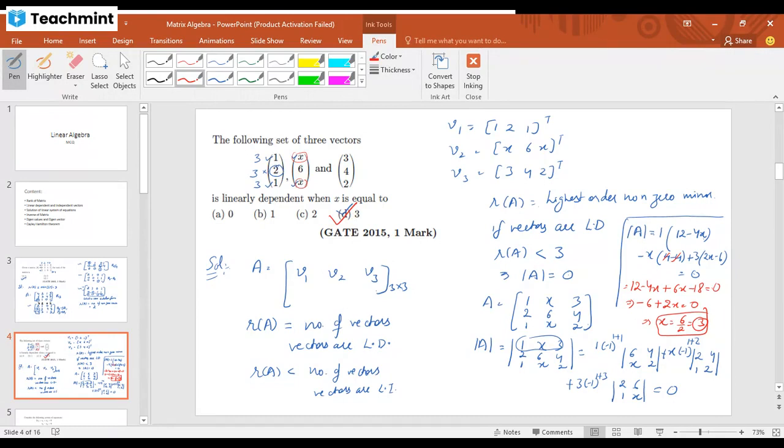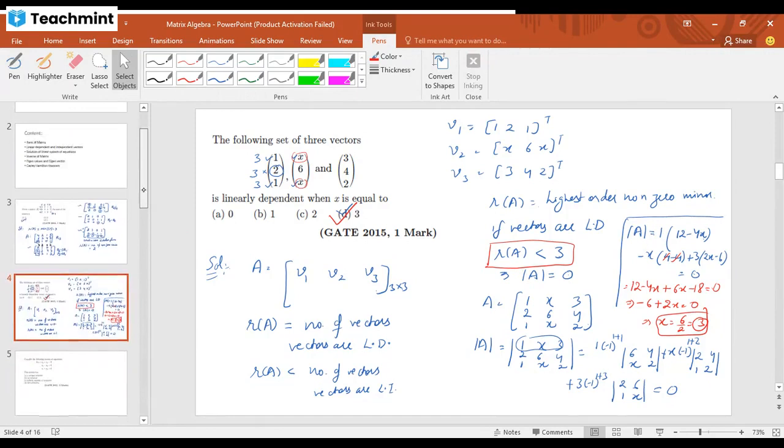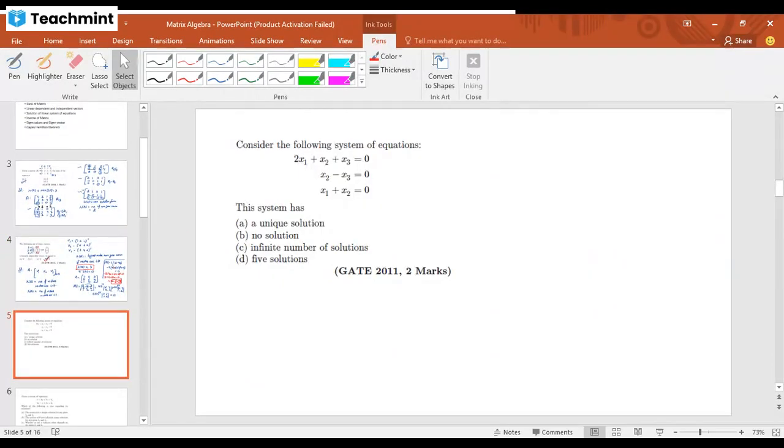Otherwise, you can find the rank of the matrix by reducing it into row echelon form, and because the vectors are linearly dependent, the rank should be less than 3. Or you can use the definition of rank, that if the rank of a matrix is less than the order of the matrix, the determinant of the matrix should be 0. Okay, let us move to the next question.